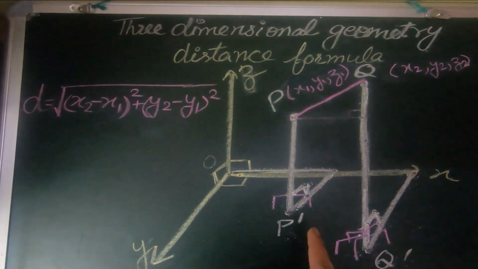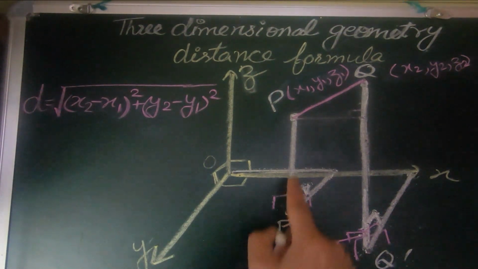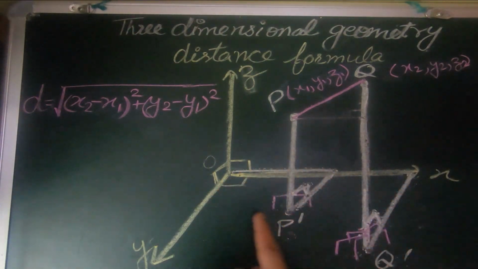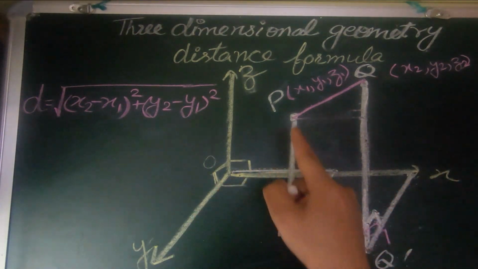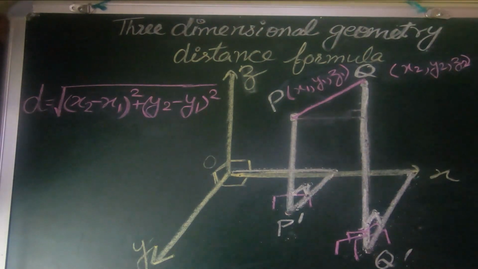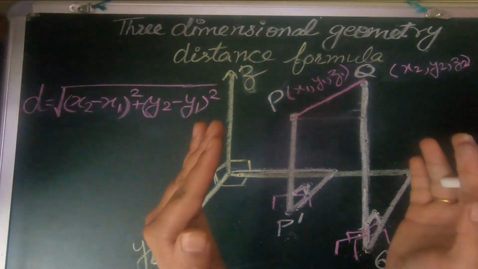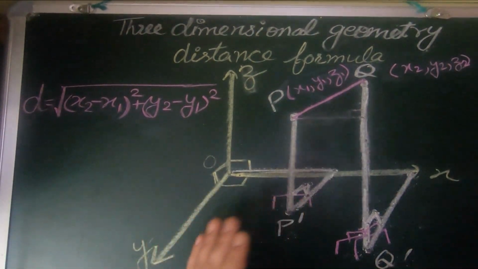In fact, this is perpendicular to the full plane, so any line we draw in the plane is going to be perpendicular to it. This is the 3D version of the picture.